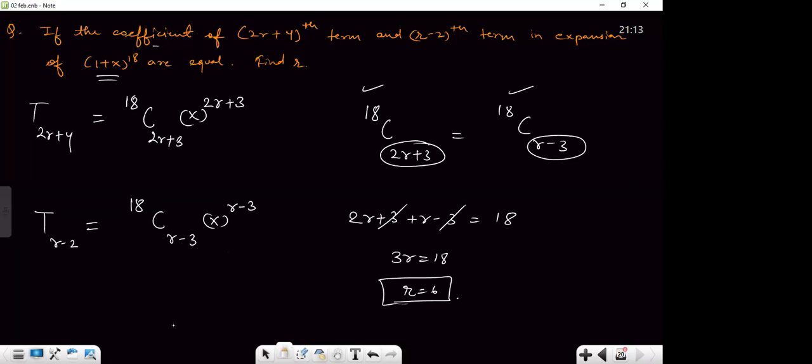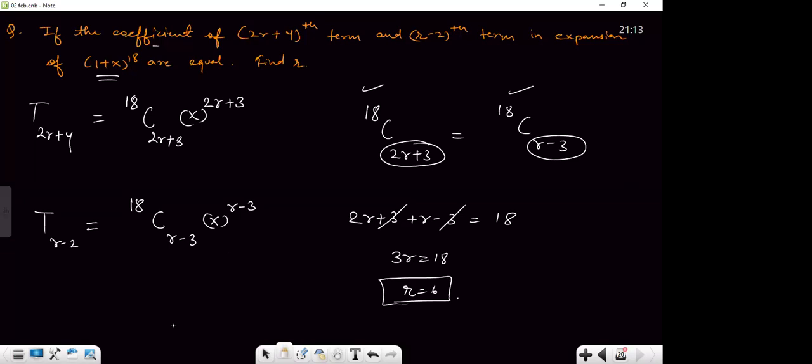It will be the greatest term, and all of its surrounding terms will be lesser than that. That will be the specific unique feature of the presence of any greatest term in the expansion.